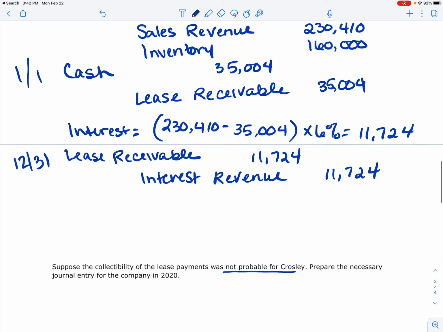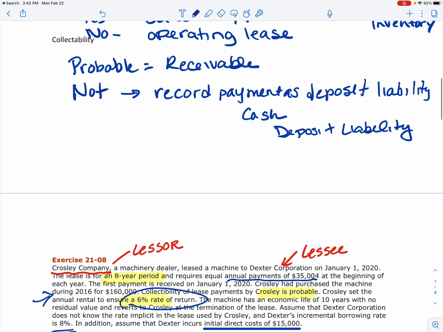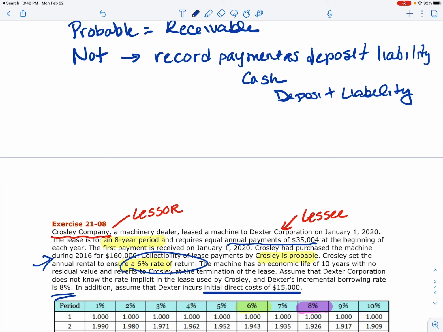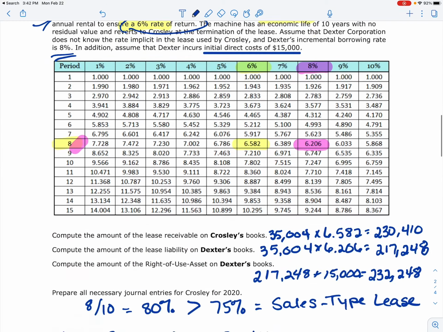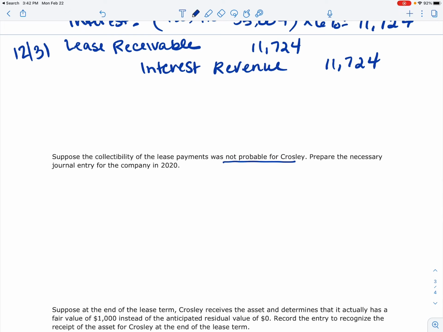That means, remember, if we go up to our notes, which are pretty far up here, if it's not probable, we're going to record it to that deposit liability instead of to our lease receivable. So we're just going to record when we receive that cash on 1/1, $35,004, and that's going to go as a credit to our deposit liability.